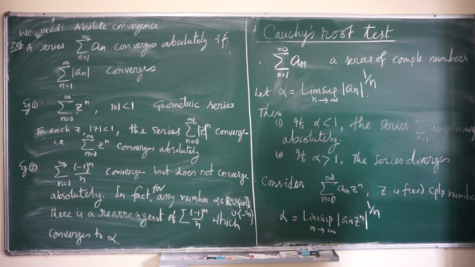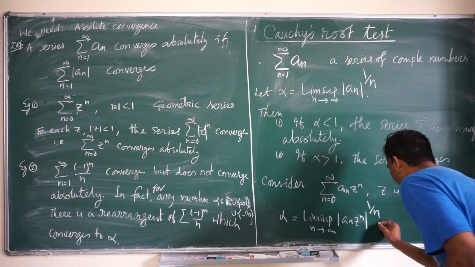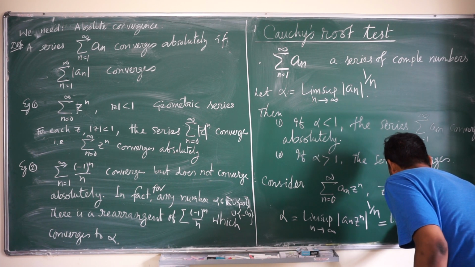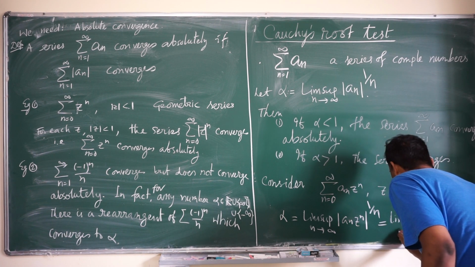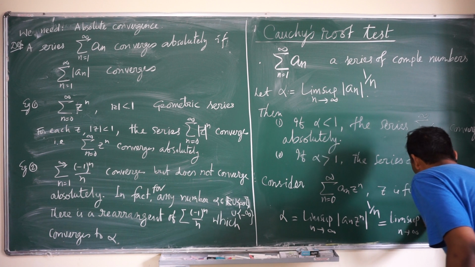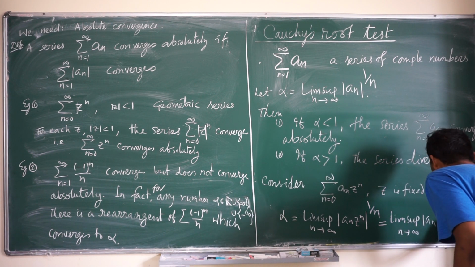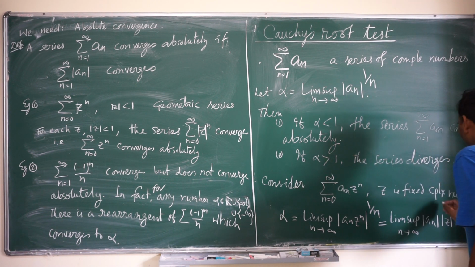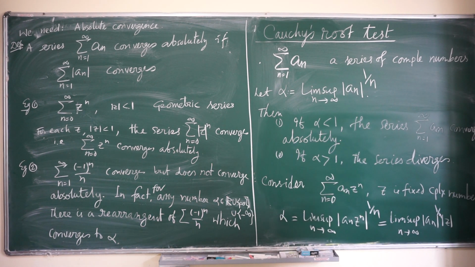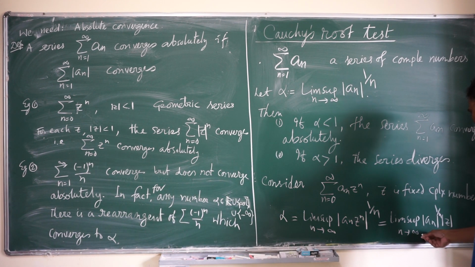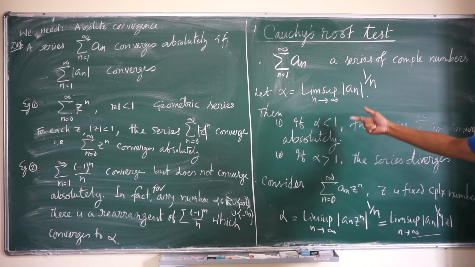Alright? So now this will be the lim sup as n tends to infinity of mod a n to the power 1 over n, times mod z. Alright? Now this one is actually the same as this one, right?